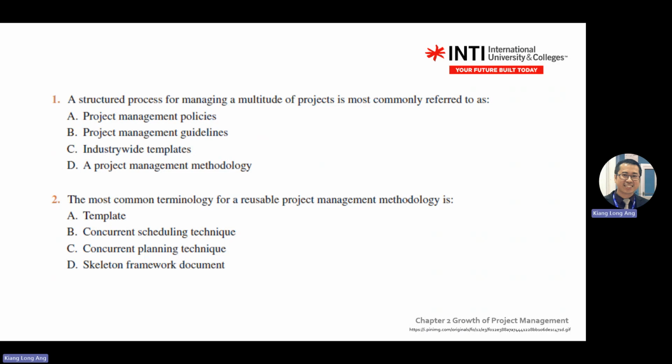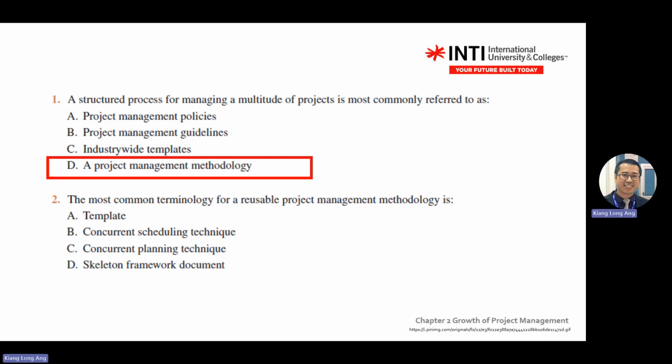Of course, not C. Very obvious, it's not C. A structured process. What do I mean by structured process? Which one is near to the meaning of structured process? D or B? It's a methodology. Methodology means the process, the method you use.